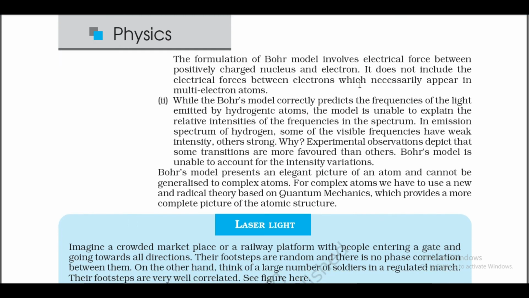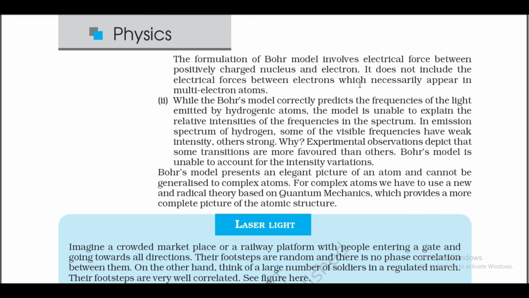Second, while Bohr's model correctly predicts the frequencies of the light emitted by hydrogenic atoms, the model is unable to explain the relative intensities of the frequencies in the spectrum. In the emission spectrum of hydrogen, some of the visible frequencies have weak intensity, others strong. Why? Experimental observations depict that some transitions are more favored than others.